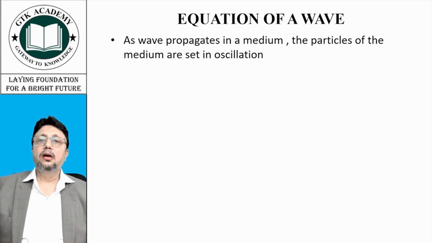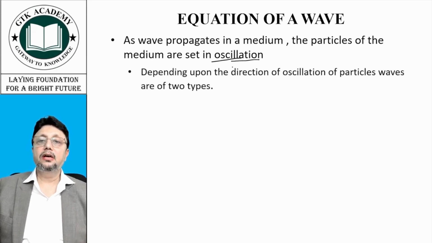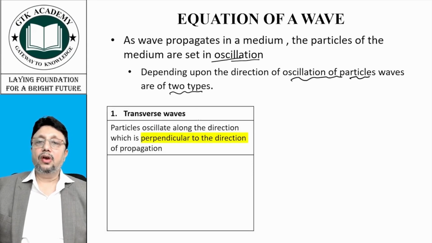First of all, as we have already said, the particles of the medium are set in oscillation, and that's how the disturbance is carried. Now, depending upon the direction of oscillation of particles, please note it, waves are classified in two types. One is transverse waves, where the particles oscillate perpendicular to the direction of propagation.